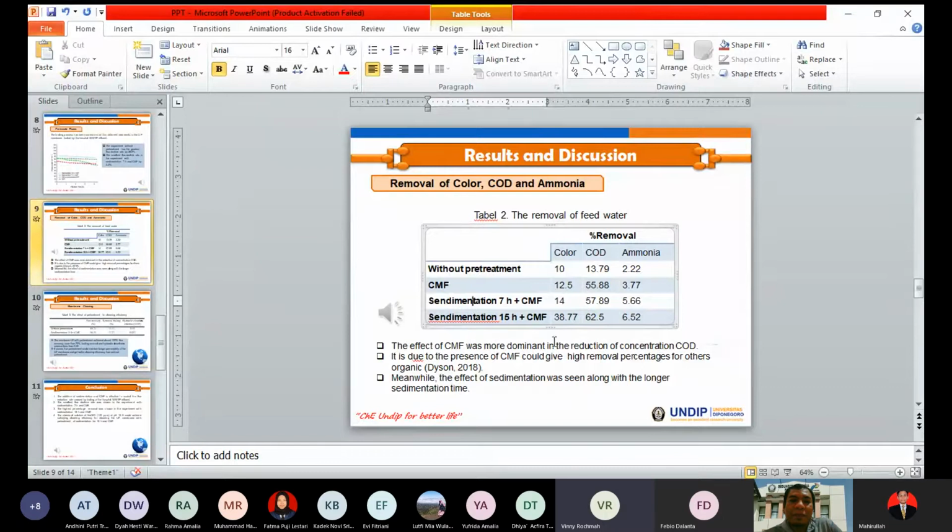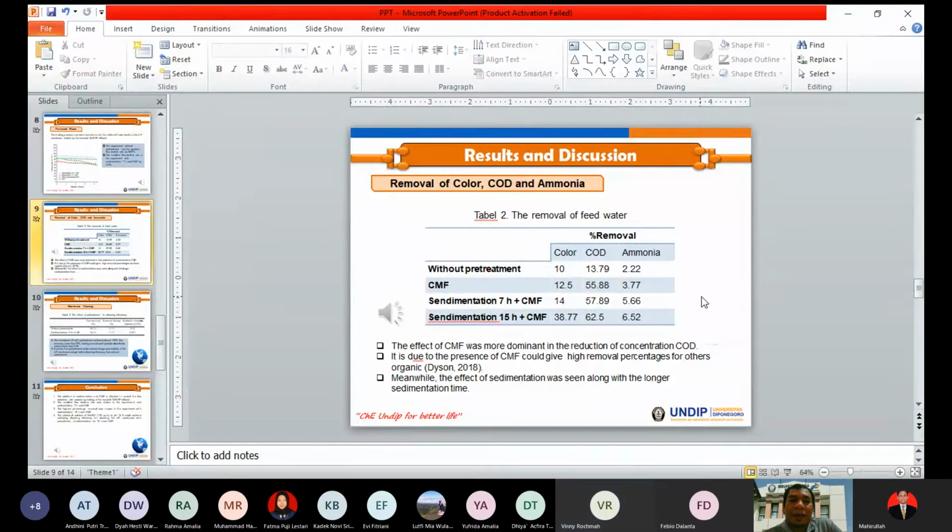Yes, sir. I think what we have to do, I would prefer you to do a longer sedimentation, maybe at 20 hours or 24 hours, because 7 hours itself only results in 1.5 removal, different from CMF alone without sedimentation.